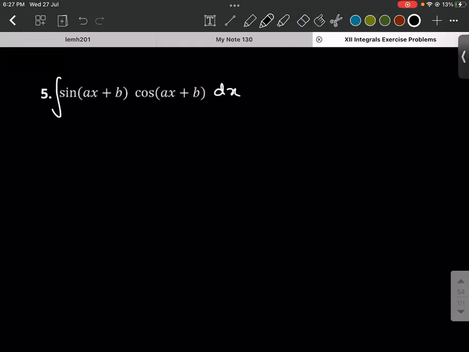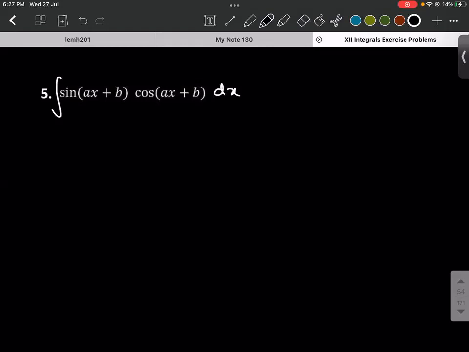You tell me how to solve this. Here I have sin as a composite function, and cos also as a composite function, so I cannot take the argument to be t. So what am I supposed to do? If you see sin and cos, sin is the derivative of cos and cos is the derivative of sin.